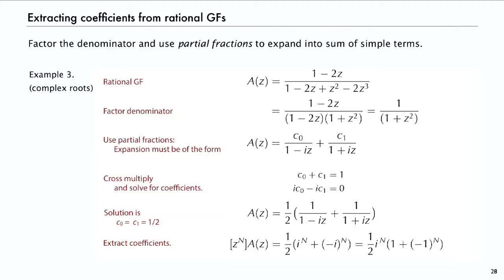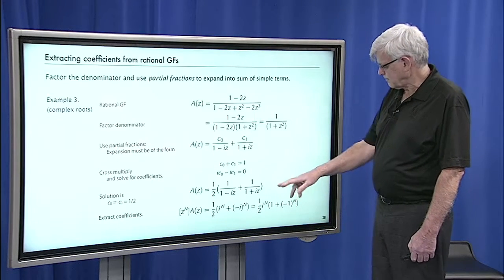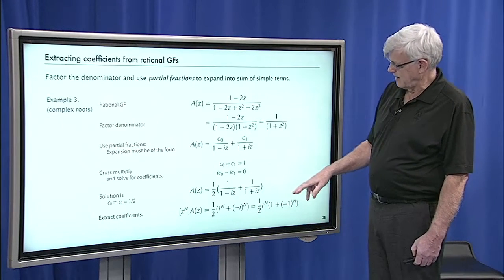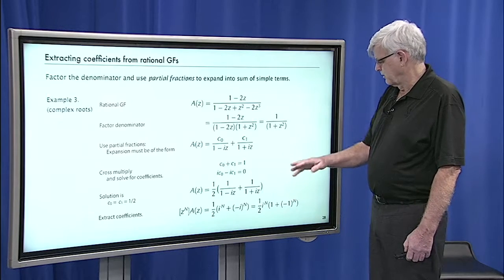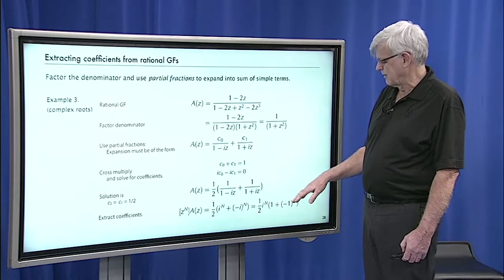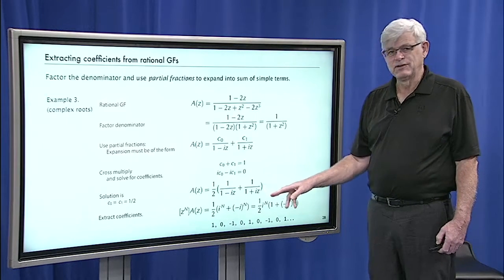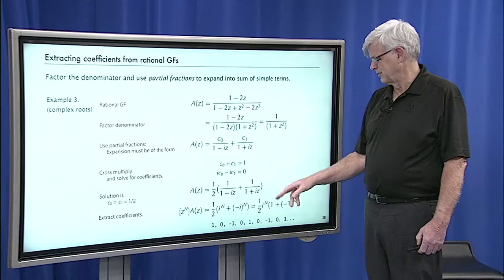And this is interesting because this is going to be 0 if n is odd, so there's not going to be any i's in the final result. And actually this sequence goes 1, 0, minus 1, 0.